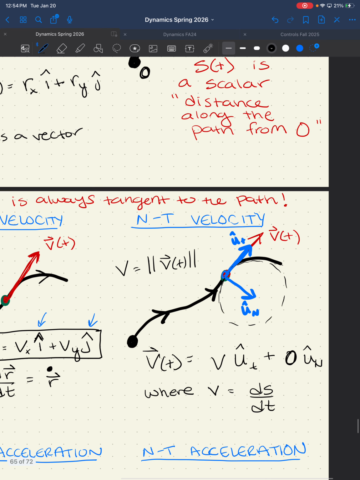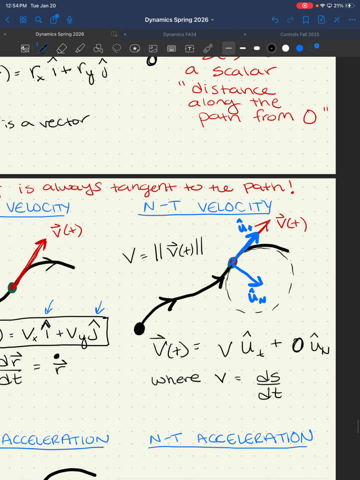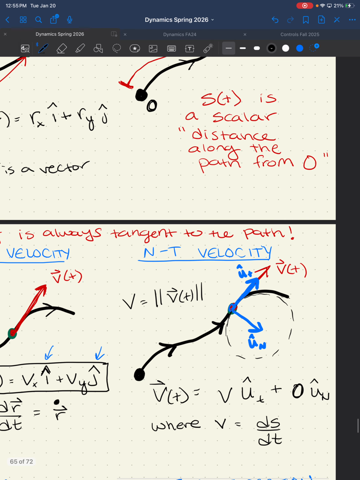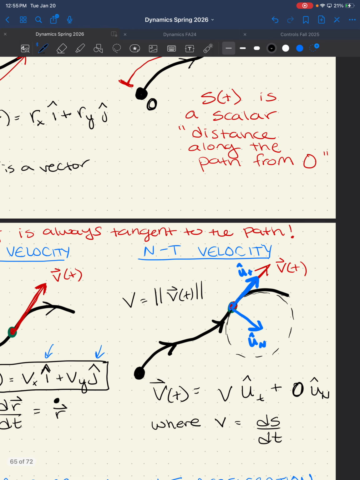For the v with the ds/dt, are you referring to the magnitude? Yes. Okay. Yes. It has to be, because s is what? A vector or a scalar? S is a scalar. So the time derivative of s is also a scalar. And so here v is the magnitude of the v vector, which is a scalar.